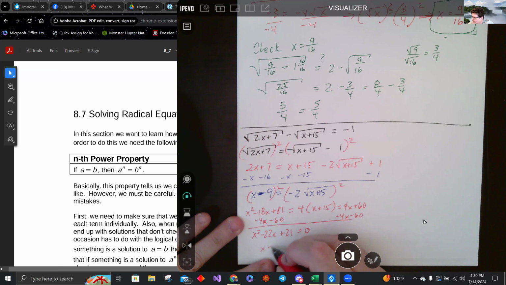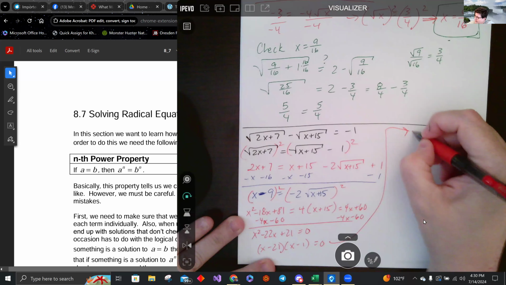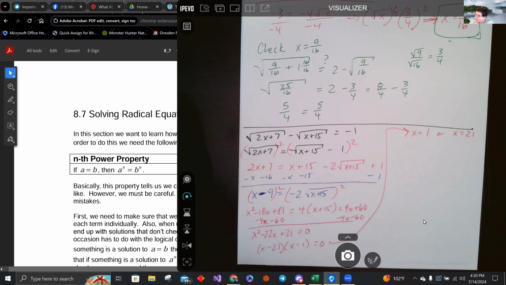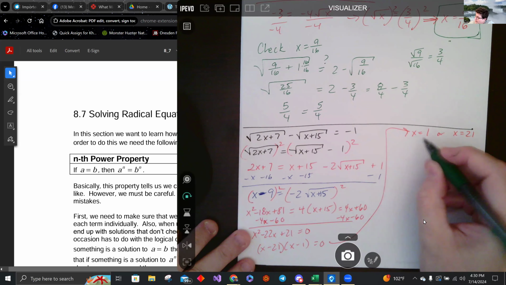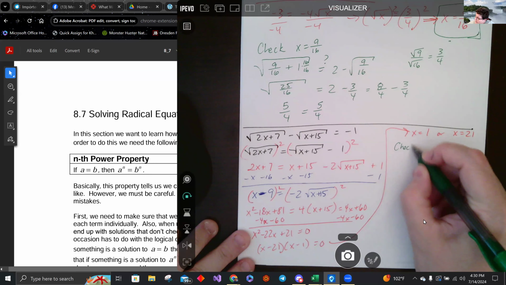This factors as x minus 21 and x minus 1. So the solutions we're going to check are x equals 1 or x equals 21. So let's check 1.